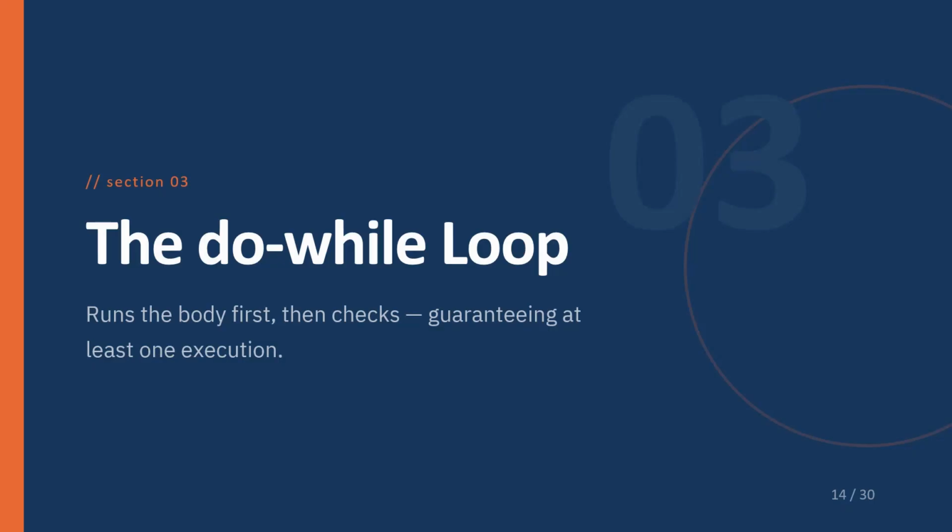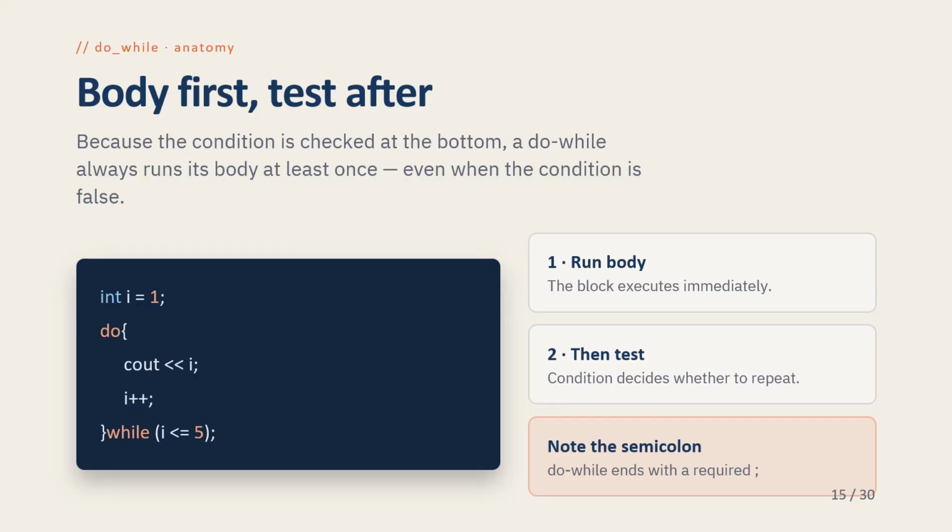Next comes the do while loop. The do while loop differs from the while loop because the loop body executes first and then the condition is checked afterward. Therefore, it always executes at least once. Menu example. A common use of the do while loop is displaying a menu.